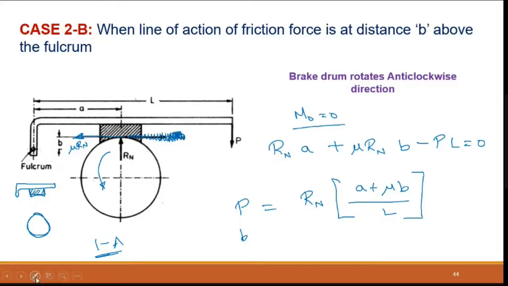Now your drum is rotating anti-clockwise. Your lever and your drum are in contact, so you'll have a reaction force and a friction force opposite to the rotation. Since it is rotating anti-clockwise, you have the friction force in this direction, mu into Rn.